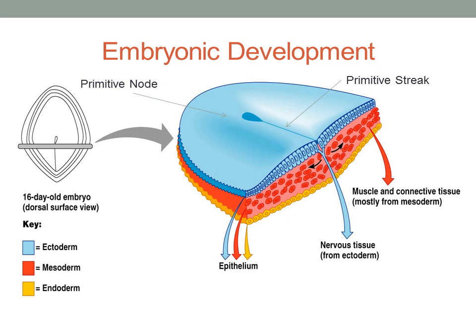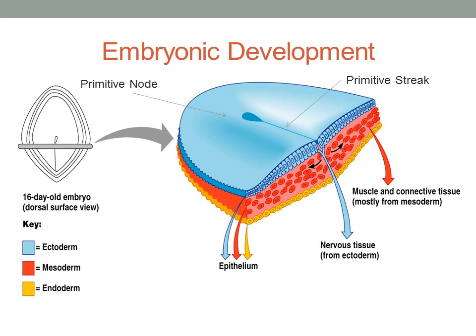And this trilaminar disc eventually becomes the three germ layers, with the most dorsal surface of epiblast cells becoming the ectoderm. The middle layer of newly formed cells becomes the mesoderm, and the most ventral layer of cells becoming known as the endoderm.